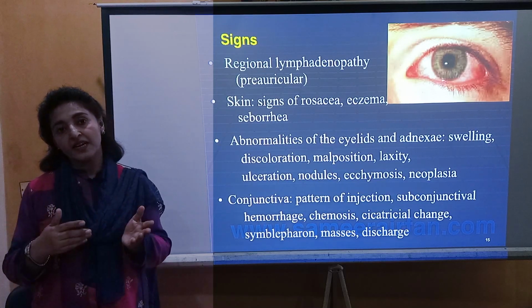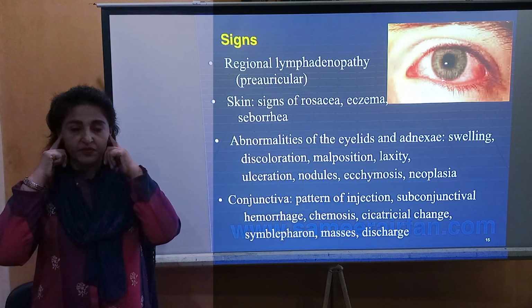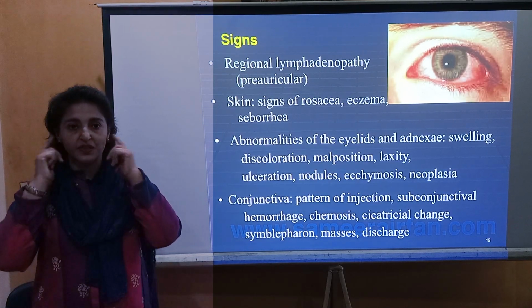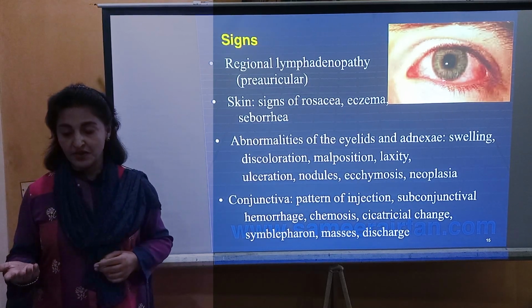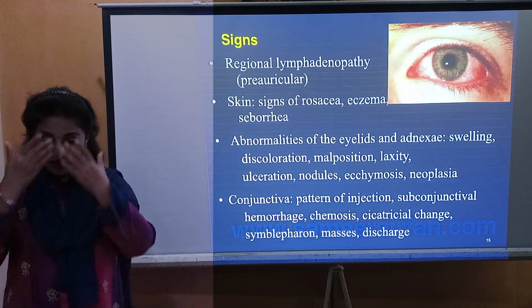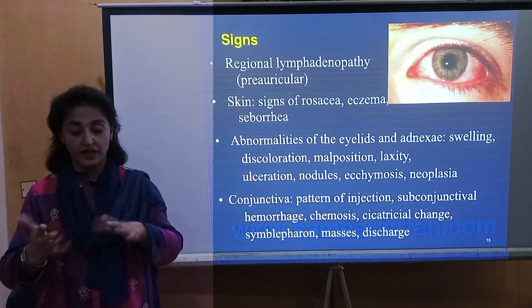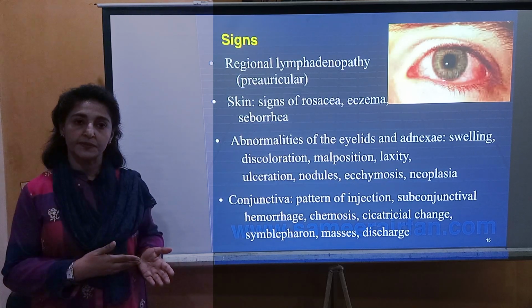Bacterial and allergic conjunctivitis don't cause preauricular lymph nodes. They can easily be felt in front of the tragus, and you put both your fingers and you can easily feel them. Then on the skin, you can see whether there is eczema, seborrhea or rosacea, either on the face or on the hands, and that will give you a clue of atopic conjunctivitis.